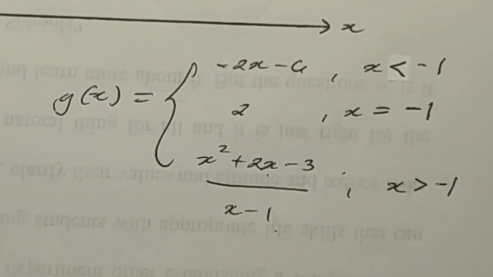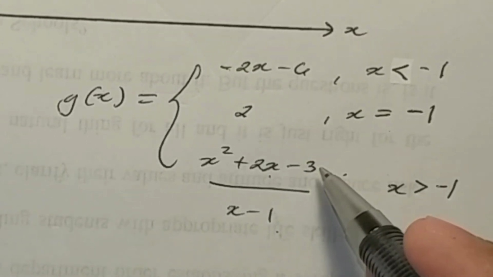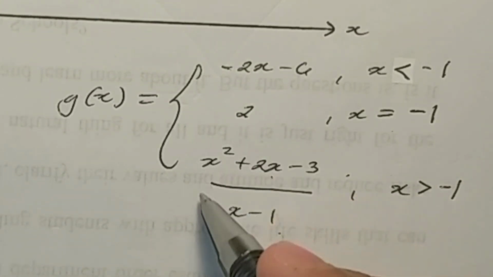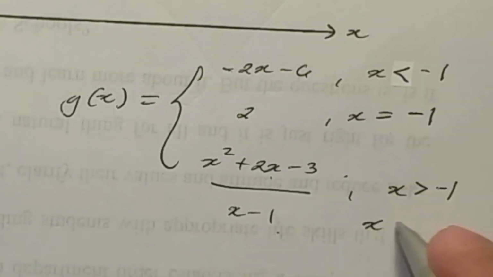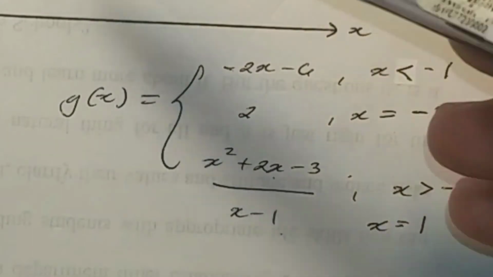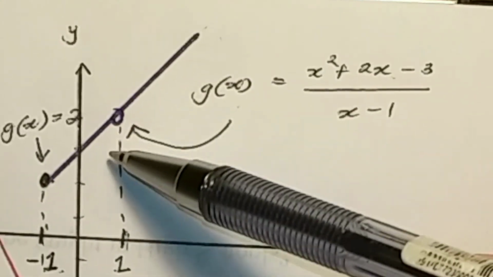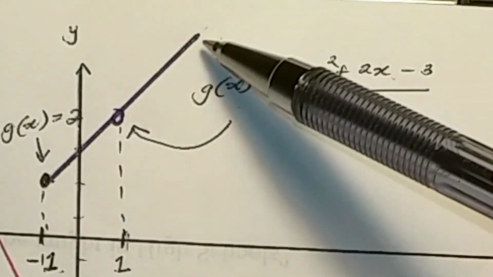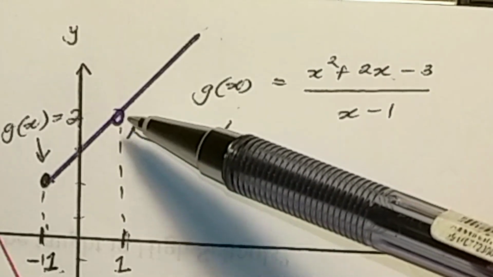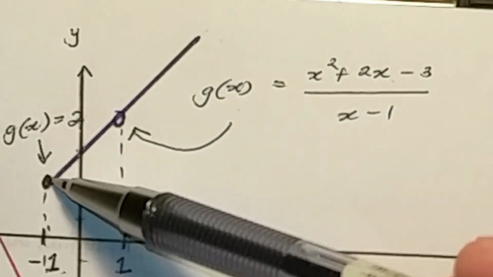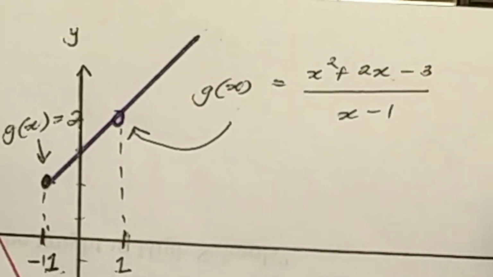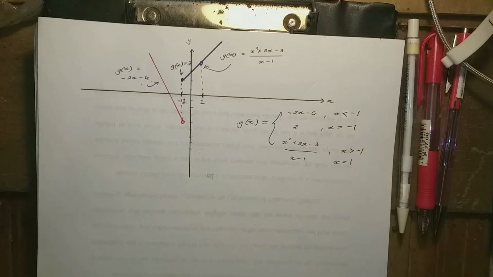We also see that the third function here is not defined at x equal to 1. That's why there's a hole in the violet line here. This line is not defined at x equal to 1.